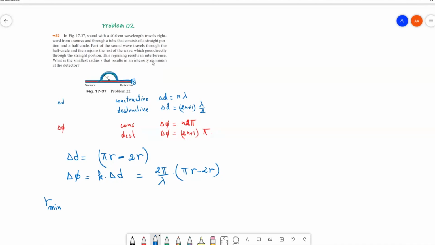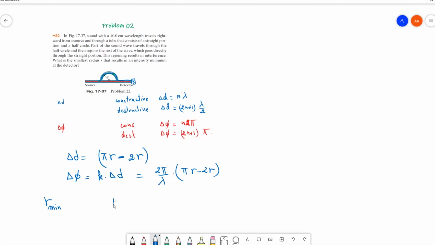Minimum intensity means that you need to have destructive interference, which means you have this one, (2n plus 1) pi. What is the minimum of delta phi? With n equal to 0, we'll have pi. The minimum of the phase will be pi, and it will correspond to the minimum of r.